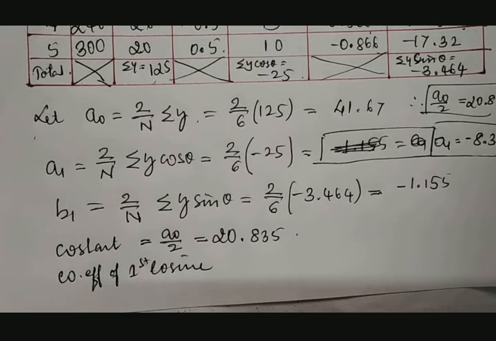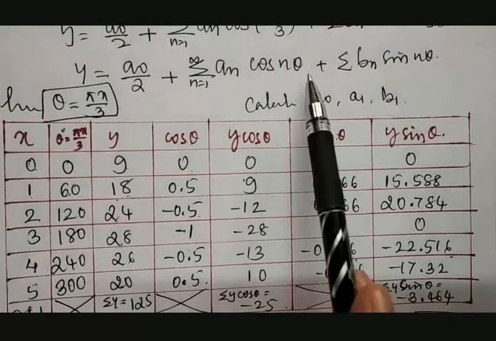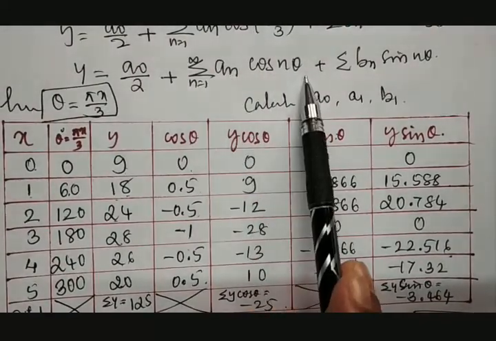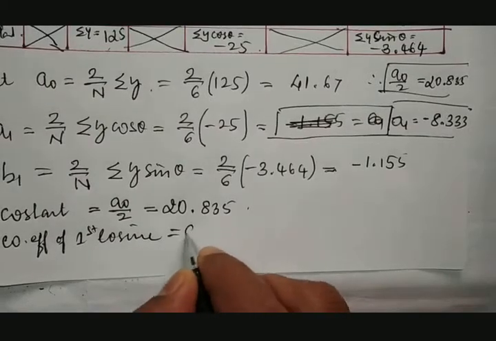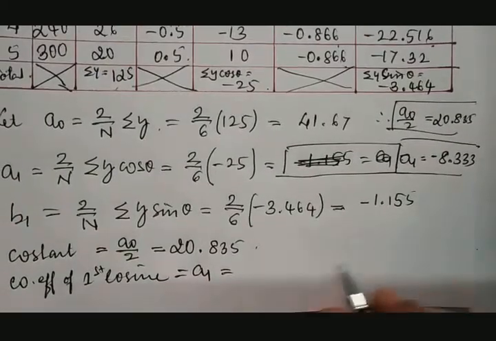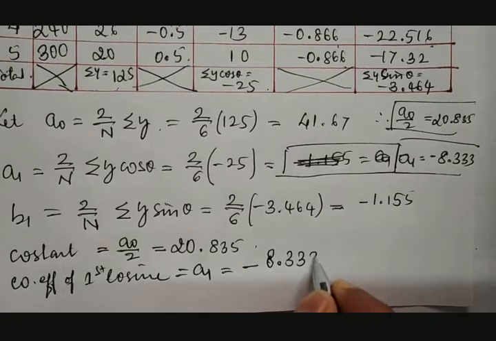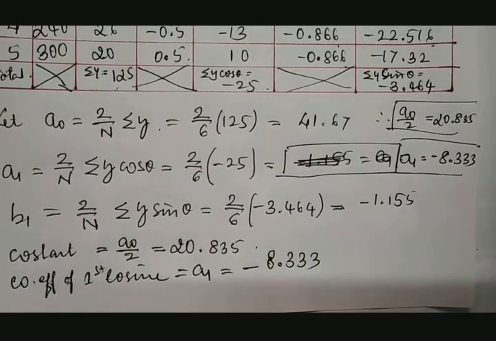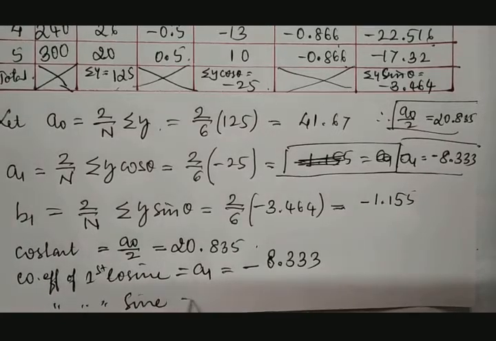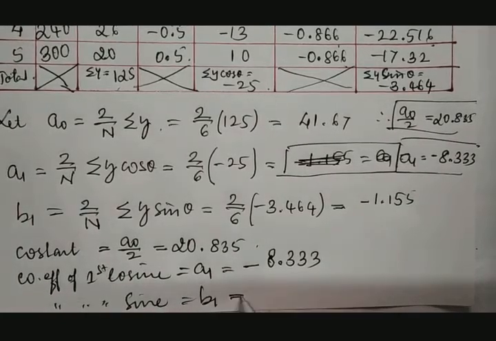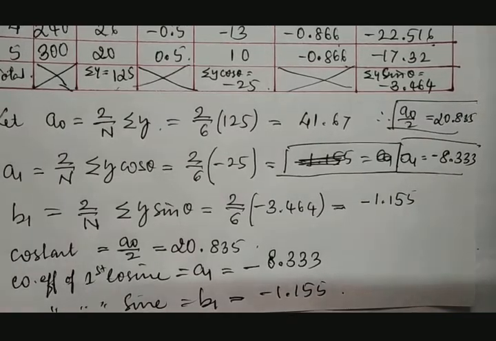What is the coefficient for cosine here? You can see the cosine coefficient is an. The first cosine coefficient will be a1. What is the value of a1? Minus 8.333. Therefore, the coefficient of first sine, that is called b1, is minus 1.155. This is the value.